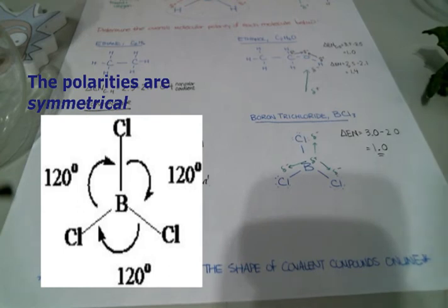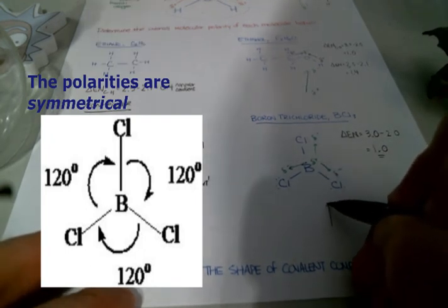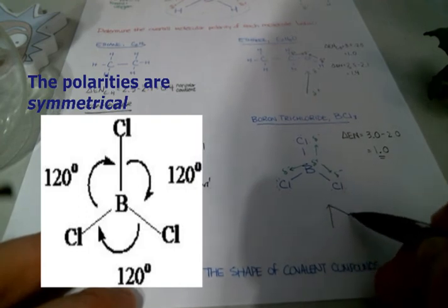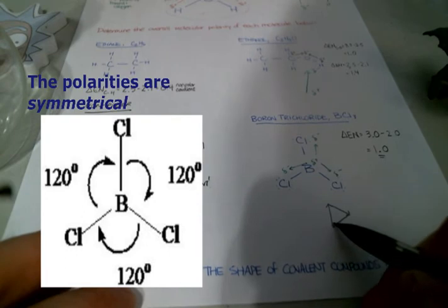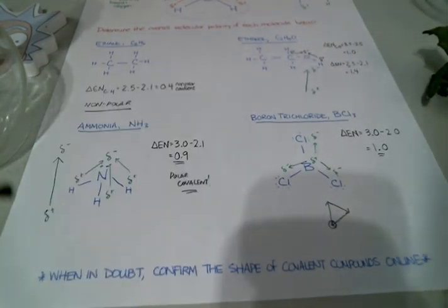I don't know if any of you guys have done vectors or anything yet, but if you were to basically add these three vectors together, so you'd have the one going up, you'd have the one going down and to the right, and then you'd have the third one going down and to the left, and you'll notice that you end up in the same spot you started, which means basically these three forces are canceling each other out.